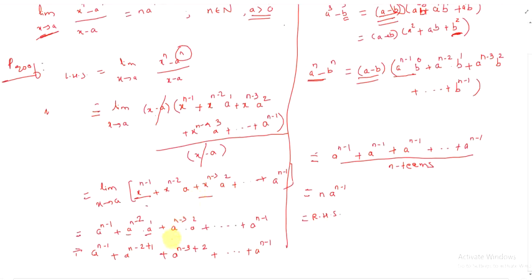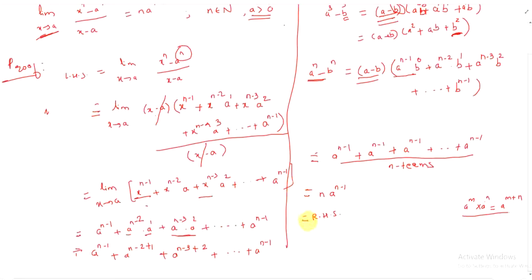And in the numerator, we substitute the limit and combine the powers due to the same base by using the laws of indices. Which law did we use here? We know that if a raised to m into a raised to n is there, then we write a raised to m plus n. We used this law of indices and collected these terms.